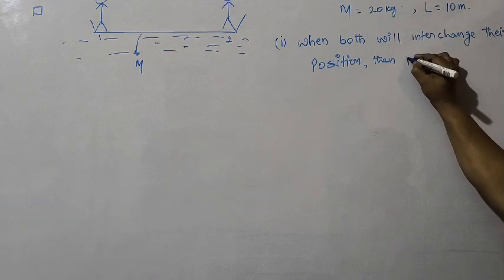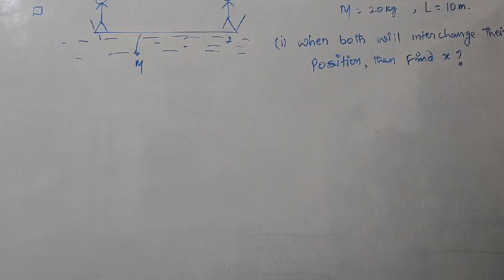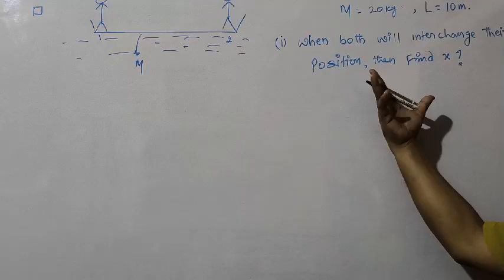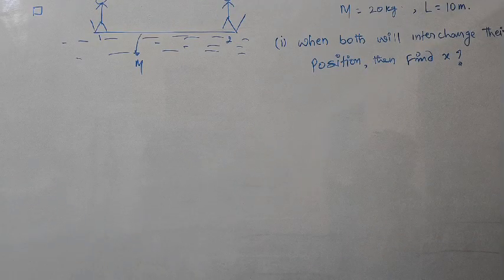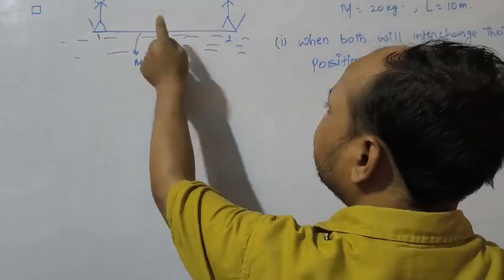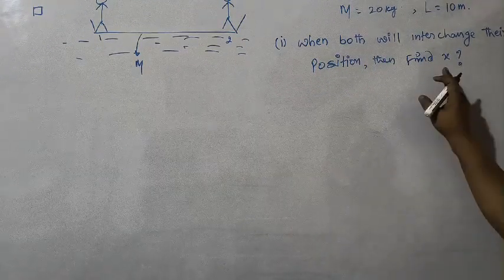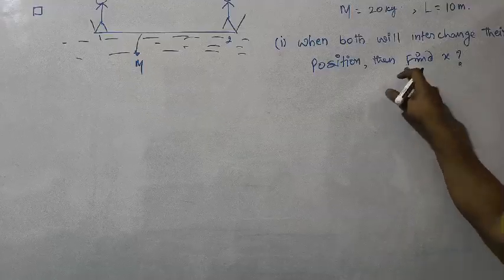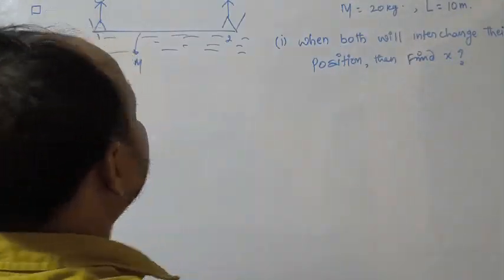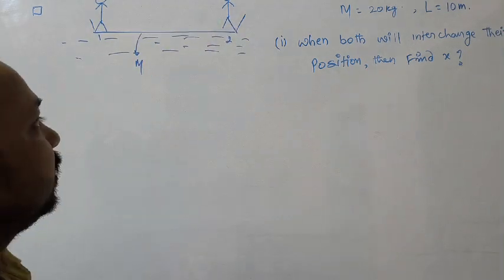So we have to find x, the net shift of the center of mass. Let's discuss this first, then I will discuss the second question, which is: when they come to the center, what will be the net shift of the boat. So first, let's say they have interchanged their positions, meaning M2 will come to this end and M1 will come to this end.